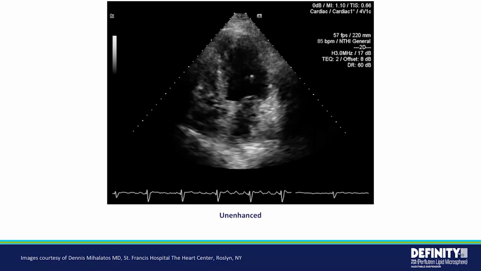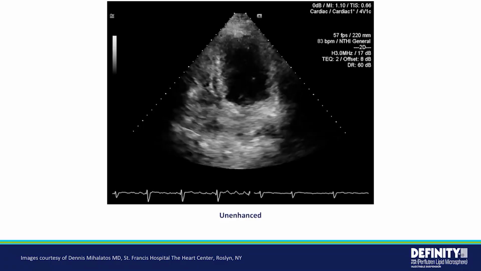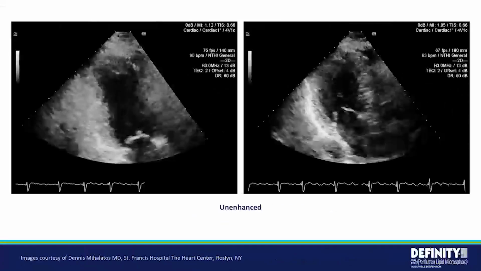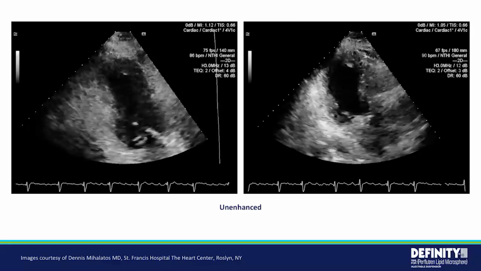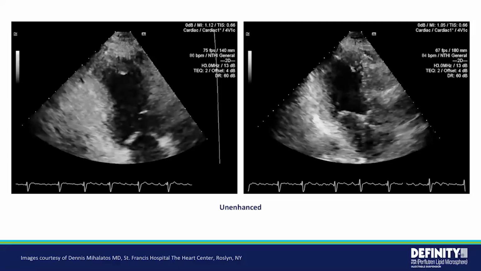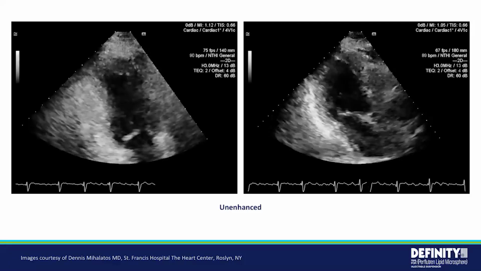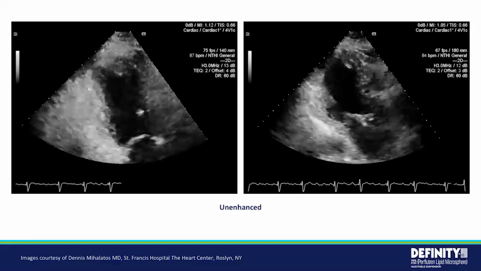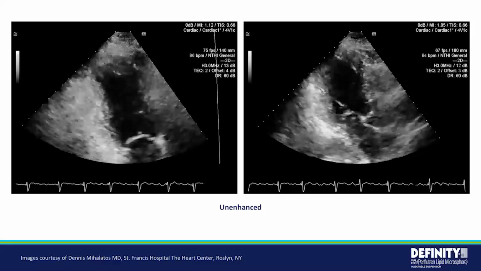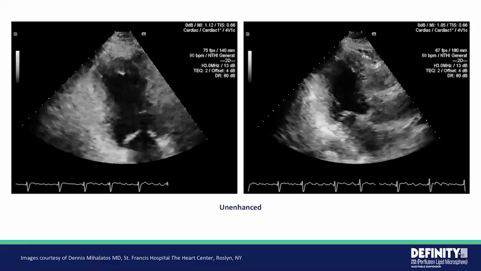So there's a lot left to be seen in this patient. Furthermore, in our 2-chamber and 3-chamber views we do not fully see the endocardium, necessitating the use of DEFINITY. So do we have two or more segments that are not well seen? Yes. So that is an indication for DEFINITY.